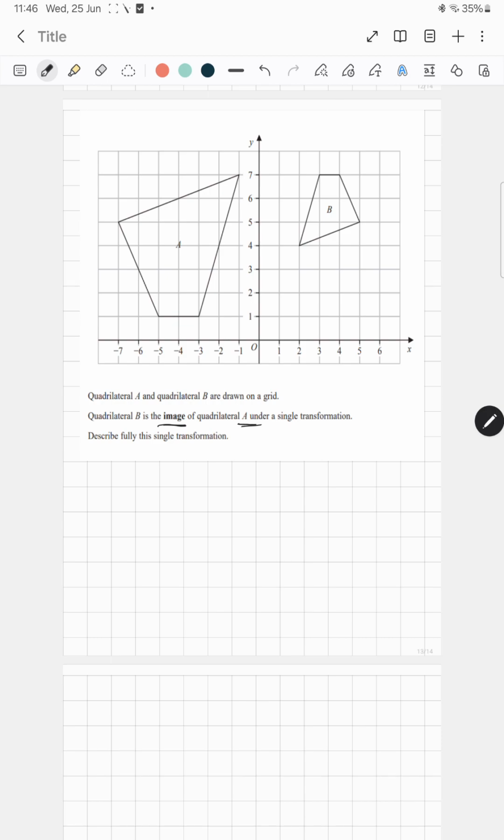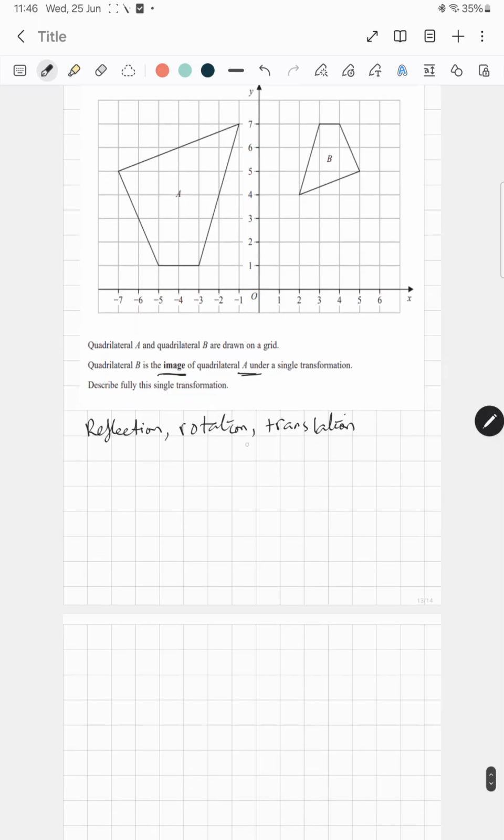Now, transformation, we have got four things. We have got reflection, rotation, translation, and enlargement.